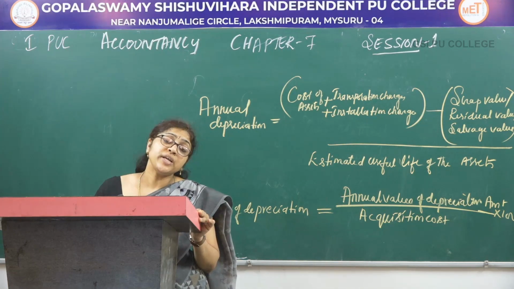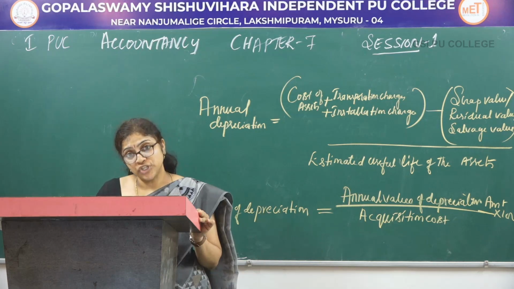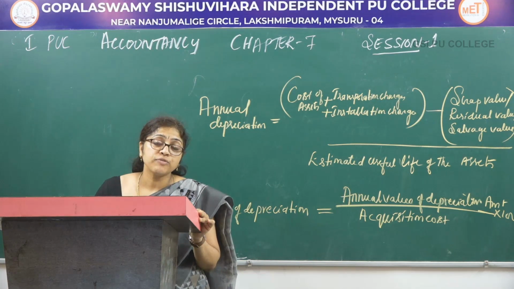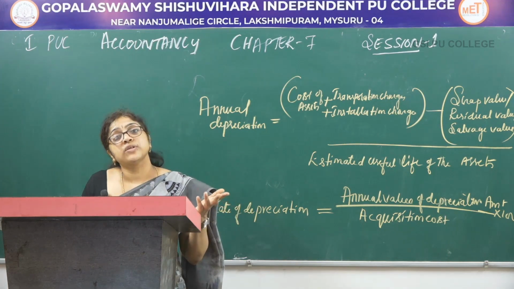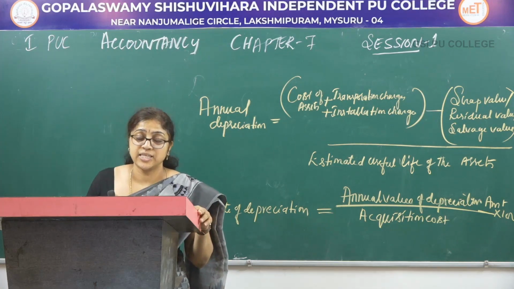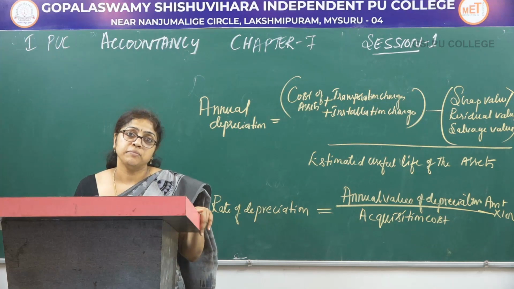Also it becomes very difficult to calculate depreciation on each machine when there are a number of machines in the organization with different lifespans, and also no provision is made for the replacement of the assets. So these are all the limitations of straight line method.